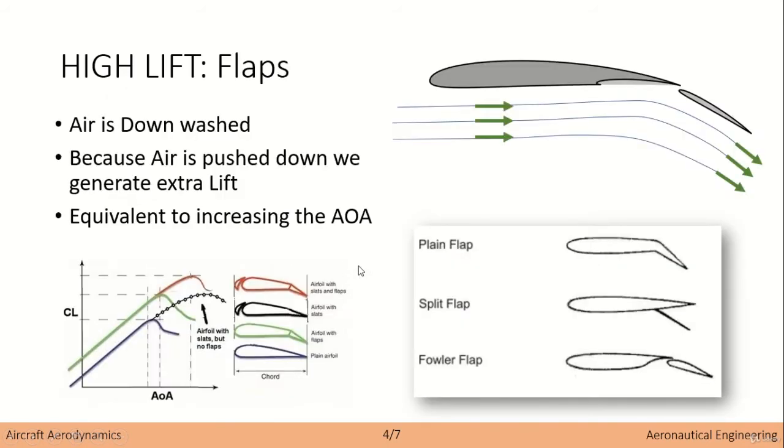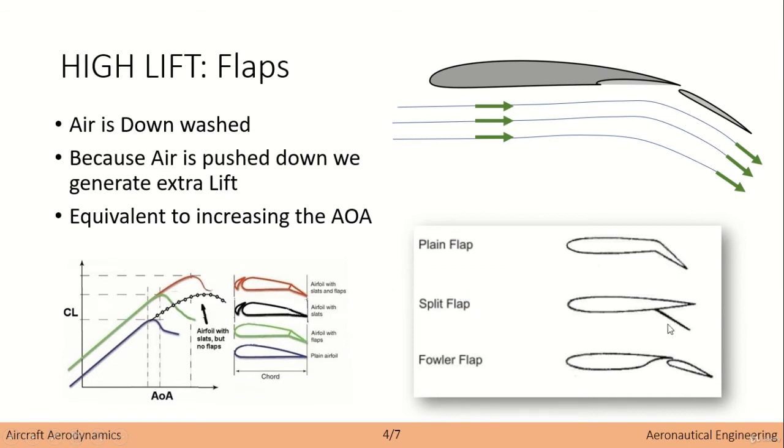Now, let's discuss this in more detail. Flaps are basically an additional surface which can be moved from this point over here to the back. There are different kinds of configurations. You have plain flaps, which by definition are just a constant flap, not very optimal.